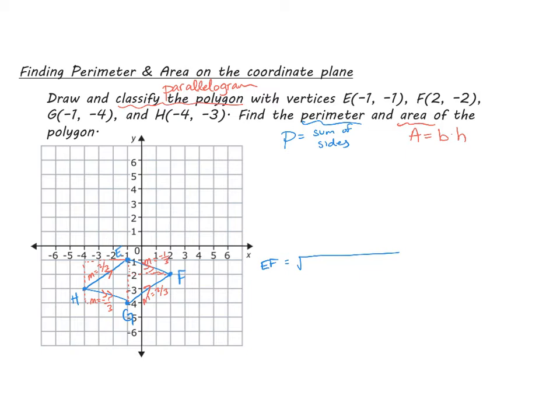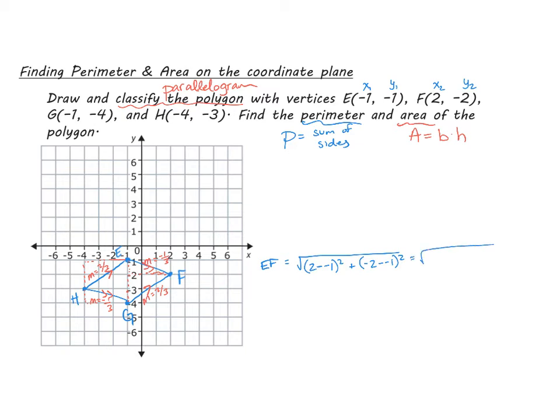All right, my distance formula says that I can do x2 minus x1 and y2 minus y1. So it's going to look like 2 minus -1 squared plus -2 minus -1 squared.